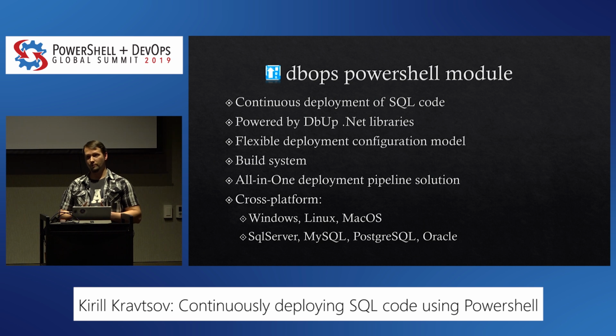Behind the scenes, the module uses the DbUp library. It is a very popular library for anyone who is familiar with C# development and database deployments. And it is a great tool, with the only exception that you actually need to write a lot of code to actually deploy the stuff.